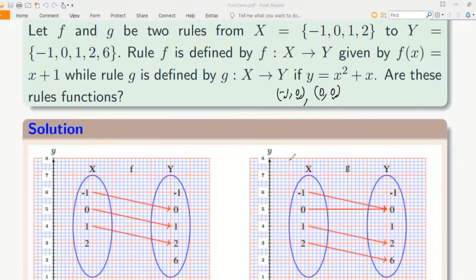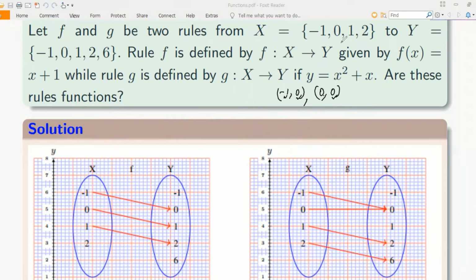The only thing we refuse is where one object has 2 images. Where one object has 2 images, that one is not accepted. It's not a function. But this other case, where one image has 2 objects, there's no problem there. It remains a function.